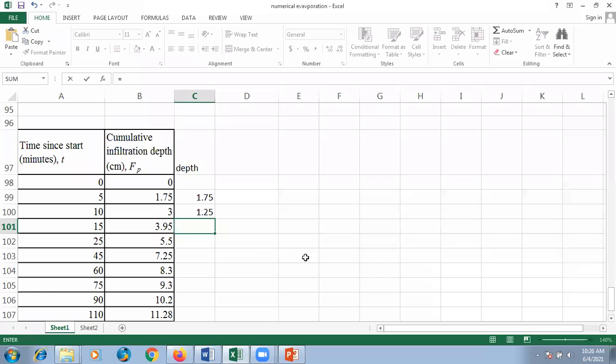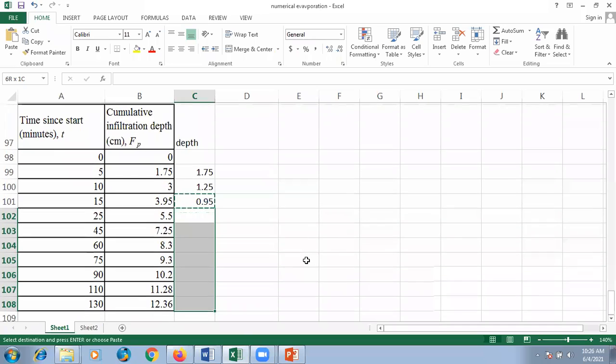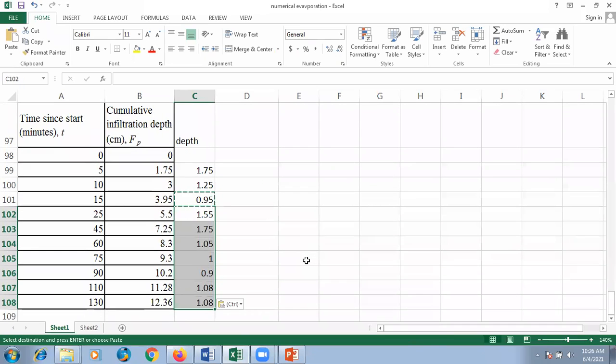For the next, it is 3.95 minus 3. Is this clear? And similarly for the other 5 minute intervals, how much has gone inside, what is the depth, can be determined. And each of that has happened in 5 minutes or 10 minutes time, whatever, you just check.